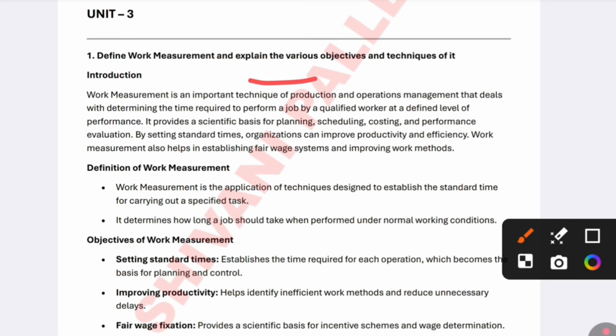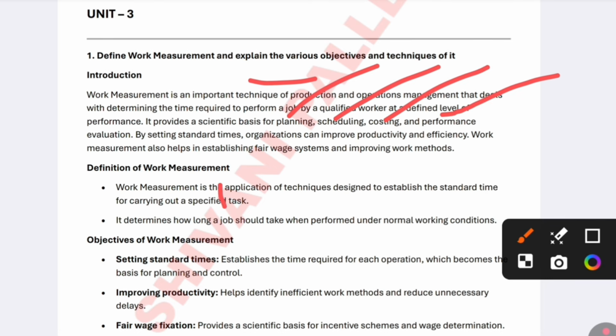It is a scientific basis for planning, scheduling, costing, and performance evaluation. Before studying the standard times, organizations should improve their efficiency and productivity, and for that work measurement is helpful.